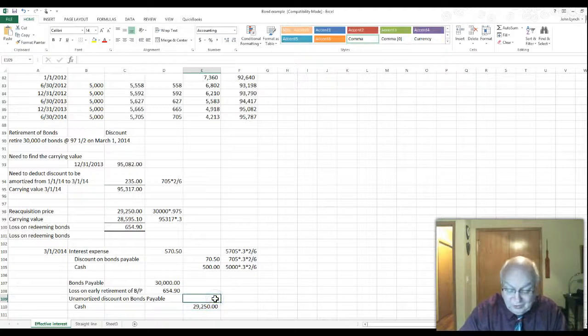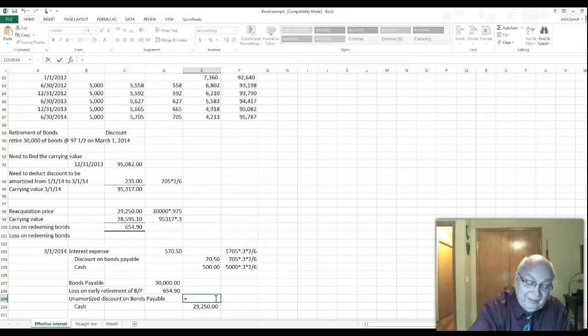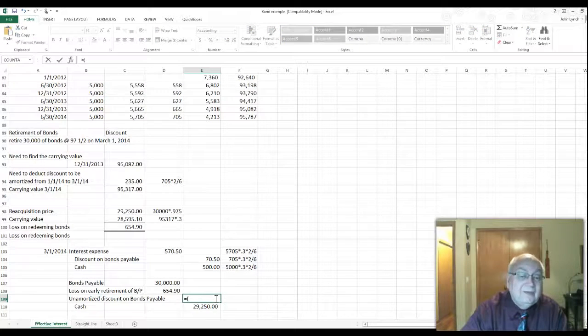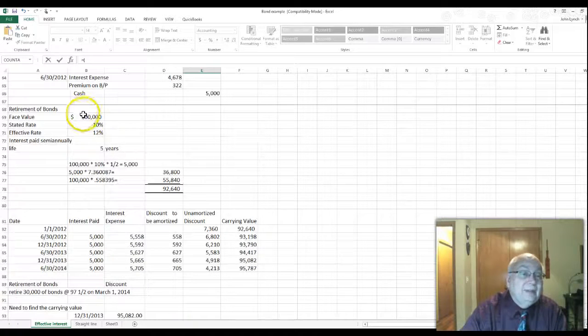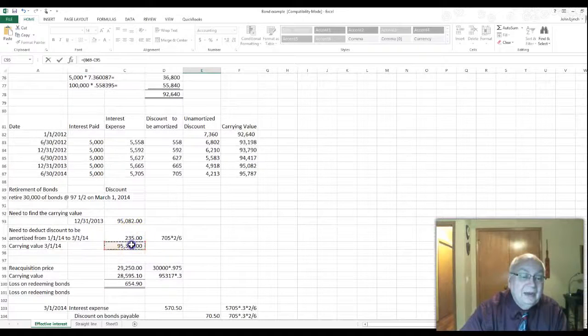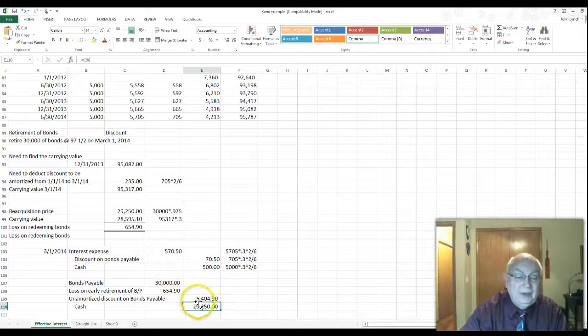And now this one's a little trickier. You could be real easy and just make whatever makes it balance. But the way you should do it is you take the full value of the bonds, the 100,000 up here, minus the carrying value of 95,317, but we only want 30% of that, and that gives you $1,404.90.